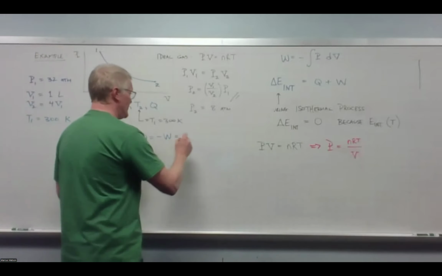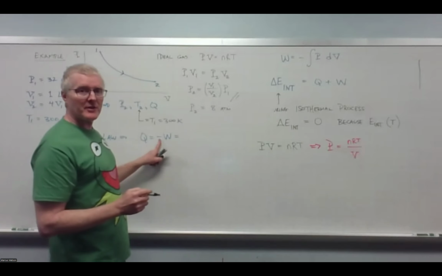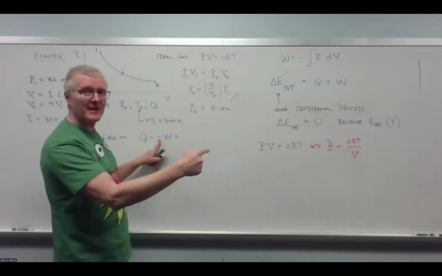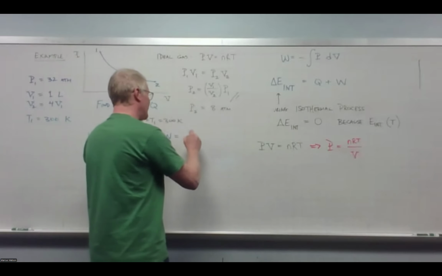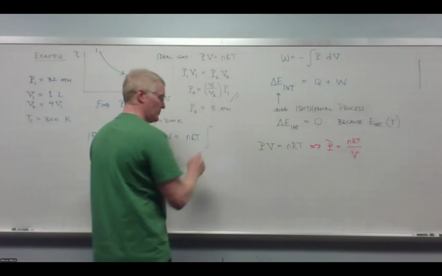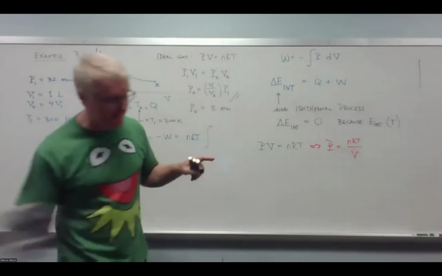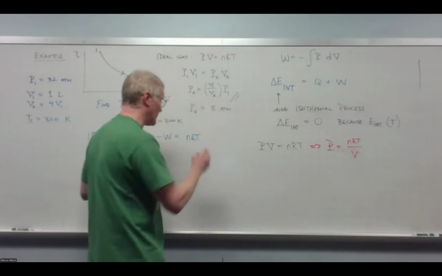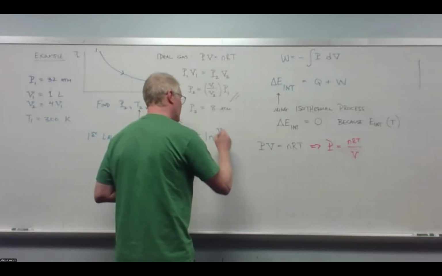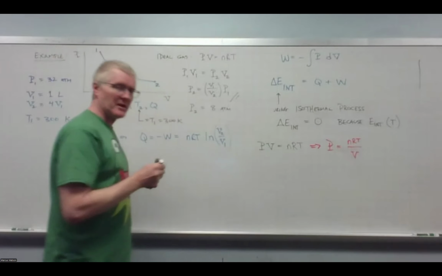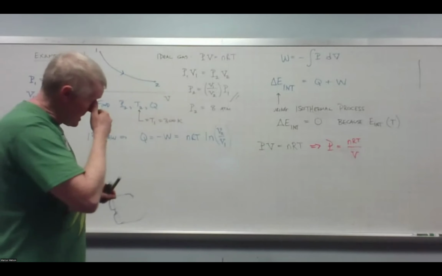Now I'm going to have a negative out here anyways, so that's going to take care of the negative that I had in the expression before. So I'm going to cancel those away. And it's going to be nRT multiplying the log. Sorry. Okay, here we go. I need the log of V2 over V1. Like so. Okay.